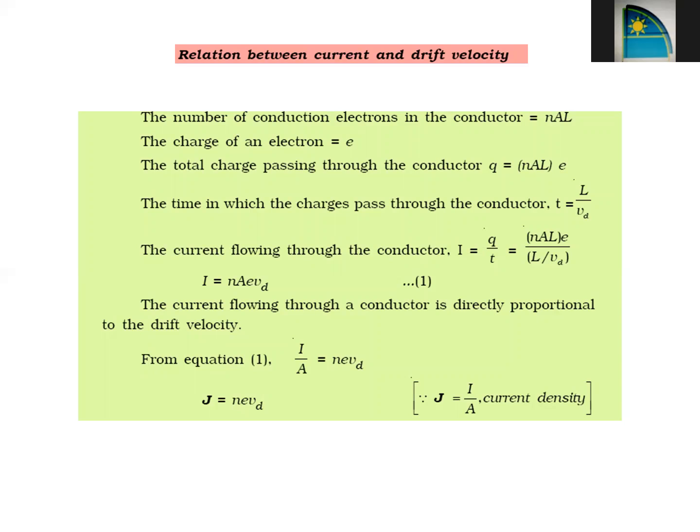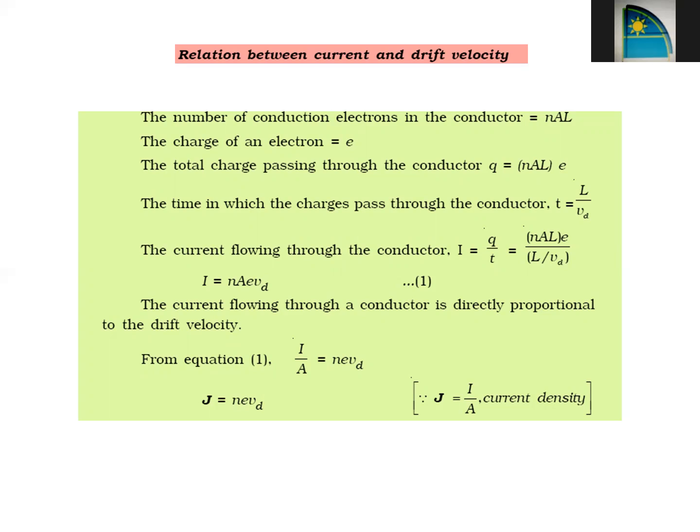And we know that current is equal to charge divided by time. So when you fill all the values, you will get the value of current in terms of drift velocity as I is equal to N, number of electrons, A, area of that wire, e, the charge on each and every electron, and Vd, the drift velocity of the electron.